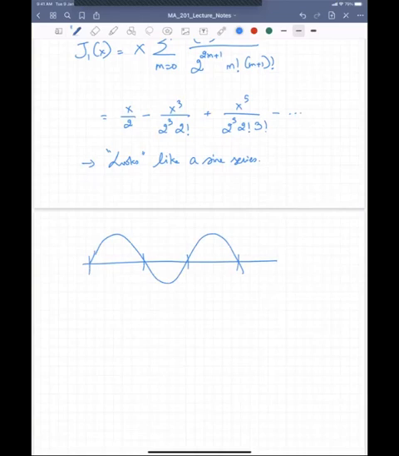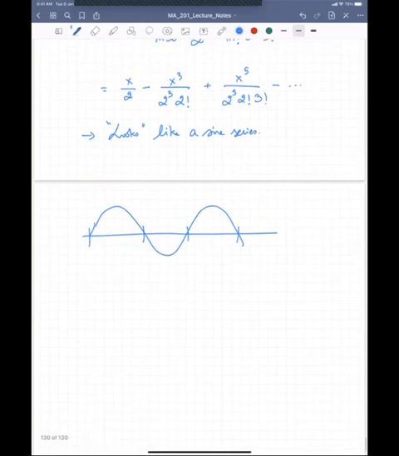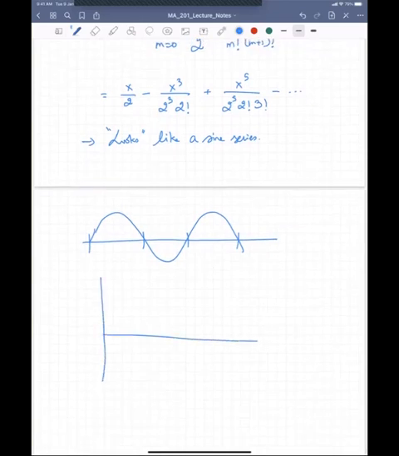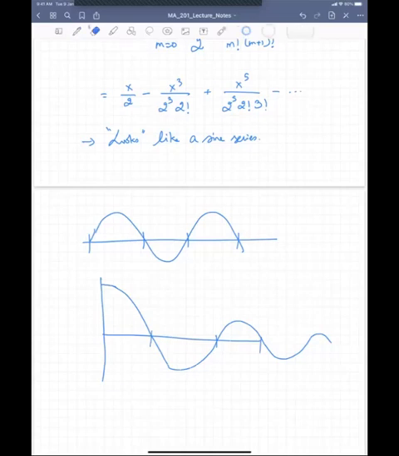But that is not true for J0 and J1. If you plot J0, since it looks like a cosine function, it's going to start here at 1 at x equal to 0. It's going to look something like this, but the oscillations are going to die down. The height of this wave is going to keep decreasing, and the distance between these zeros is also not the same.